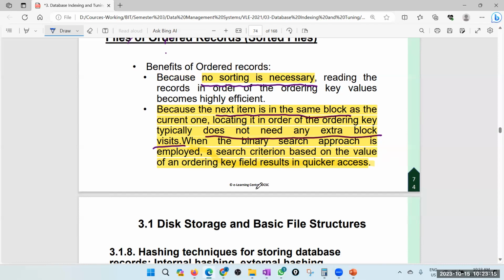If an individual record is the result, it is still okay. If it is a range of data that we are going to get as a result, that is even better, because most of the time all your data is in one or two blocks. If it is not sorted, sometimes you have to access all the blocks, all 1000 blocks, because they are spread across.